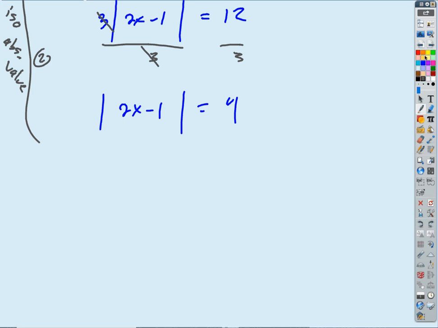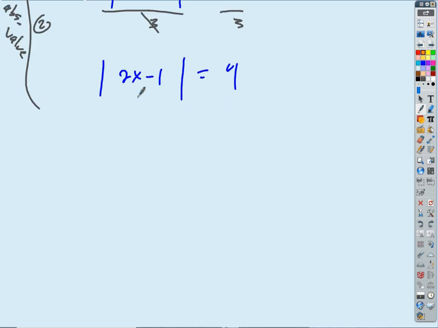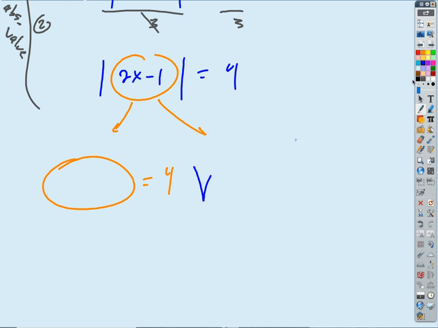So we have to take whatever's inside, and we're going to set whatever's inside equal to 4, or whatever's inside is equal to negative 4, right? And so this is the trade part.